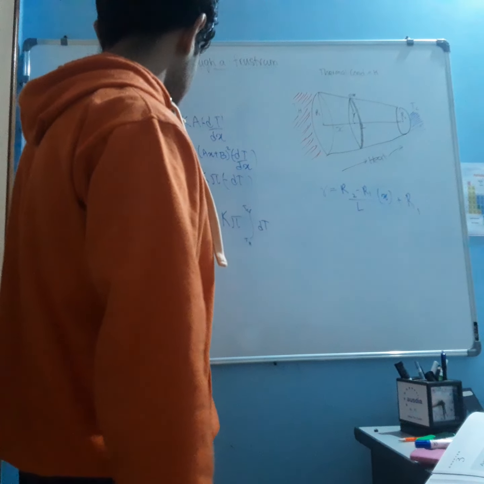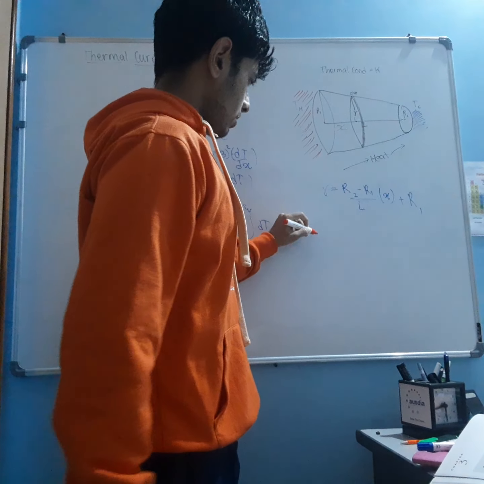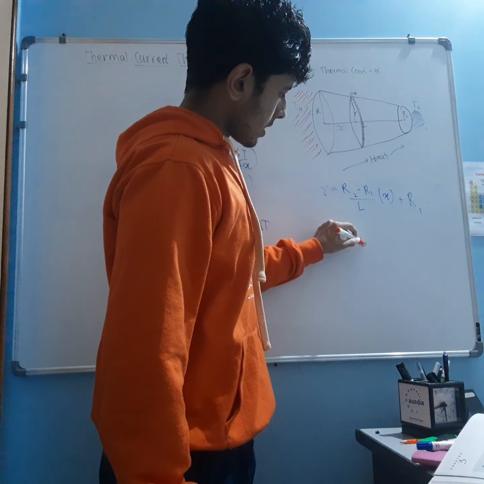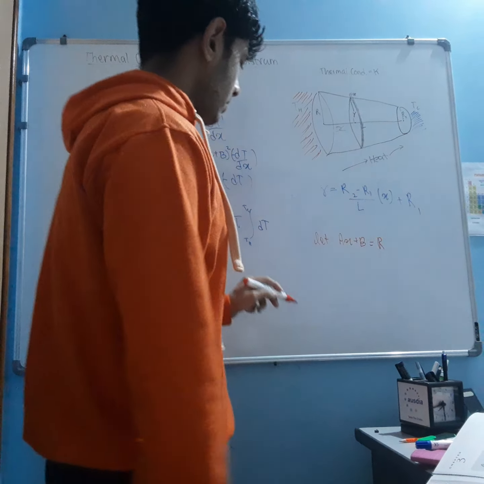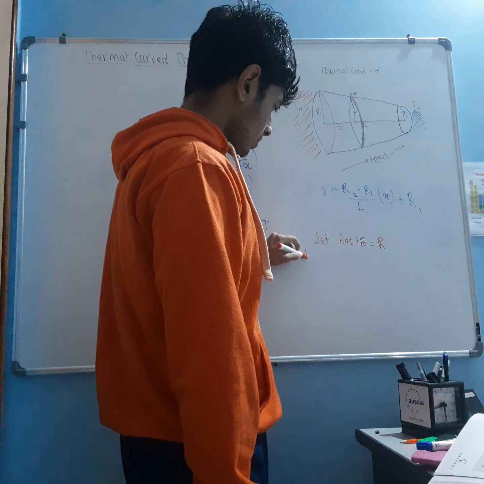Let's assume this entire thing to be some r value. Let ax plus b equal r. Now, how would you differentiate r with respect to x?